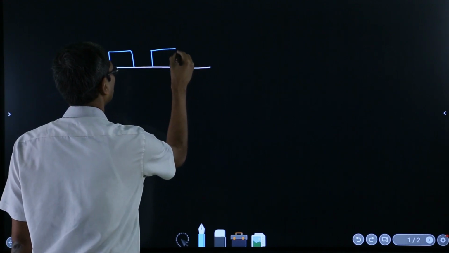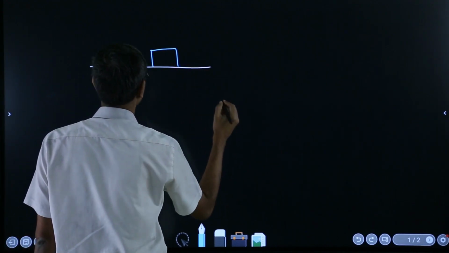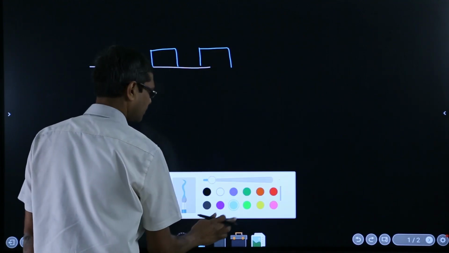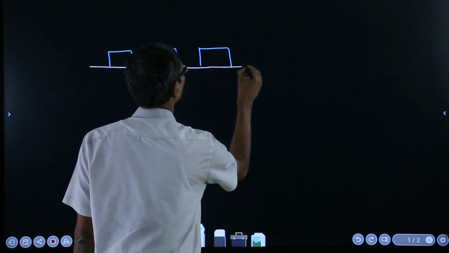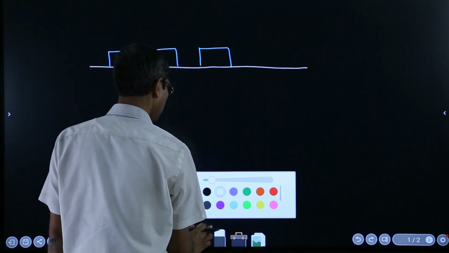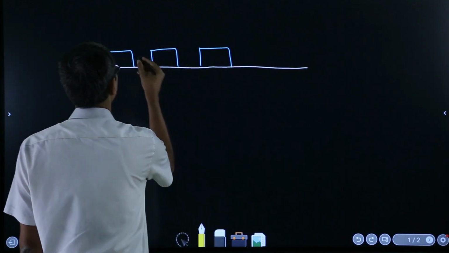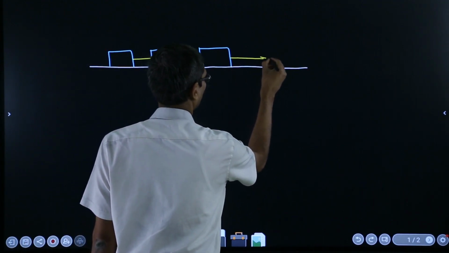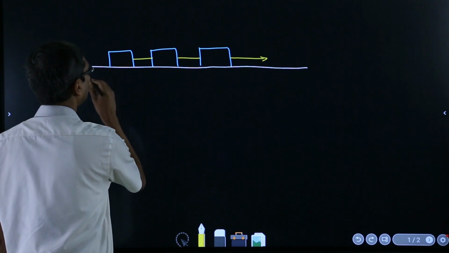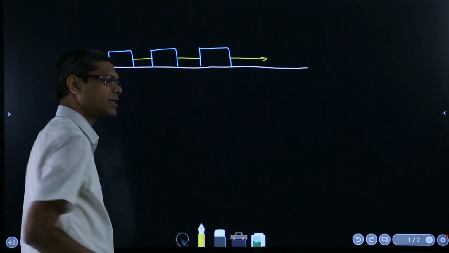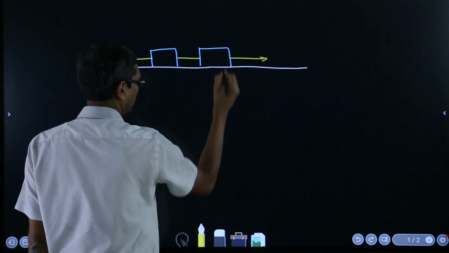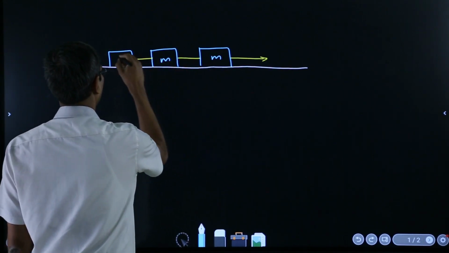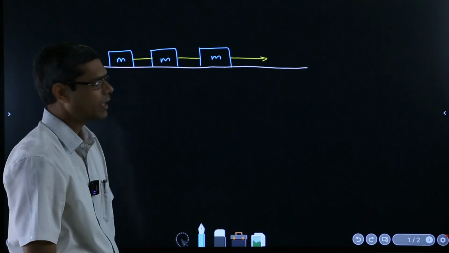suppose you have some blocks here, like that, okay, and you have strings connecting them, and here at all places friction exists, and all of them may be of mass m, mass m.